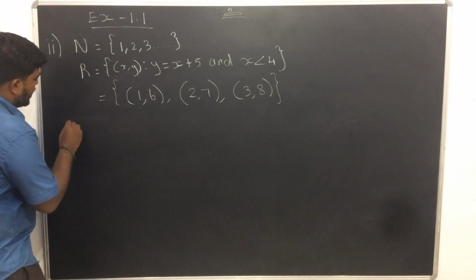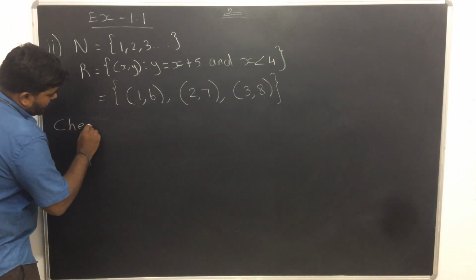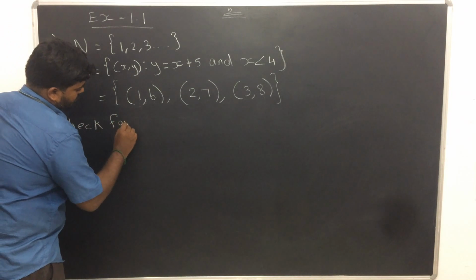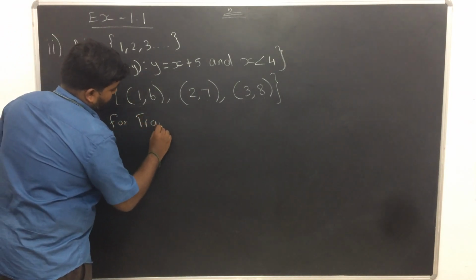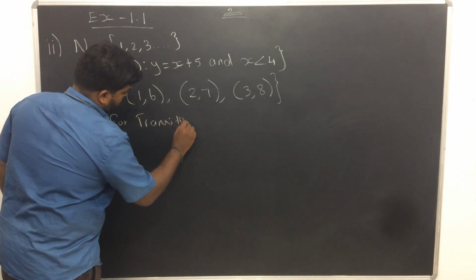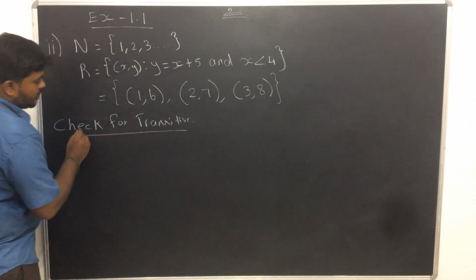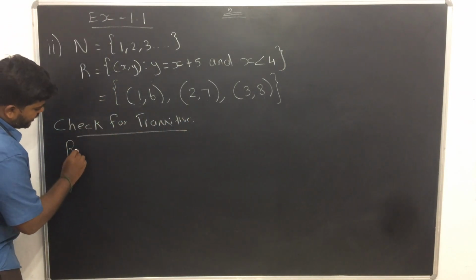Now let's check for transitive. So what is the rule for a relation to be transitive?